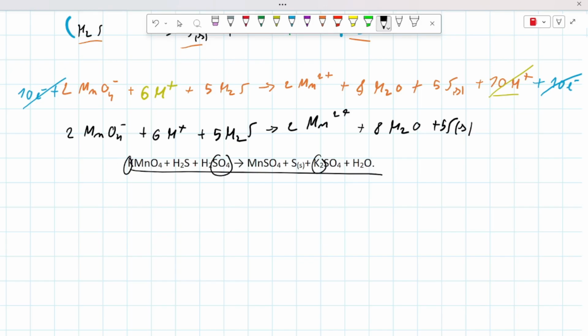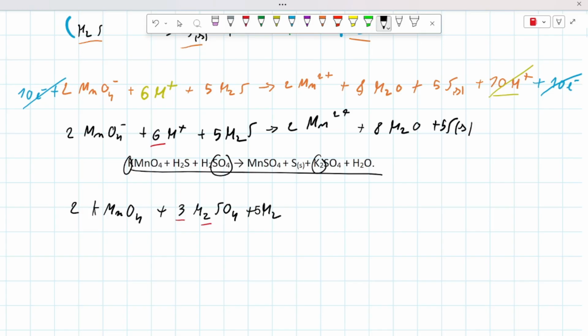So here we have 2 MnO4, but we will add a K, so it will be 2 KMnO4 plus 6H plus. What could we add to the H plus? Well, this is SO4, so we will have 3 H2SO4. Why 3? Because we have a 6 here, and 3 times 2 equals 6.